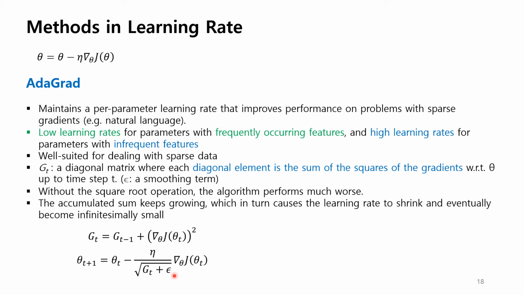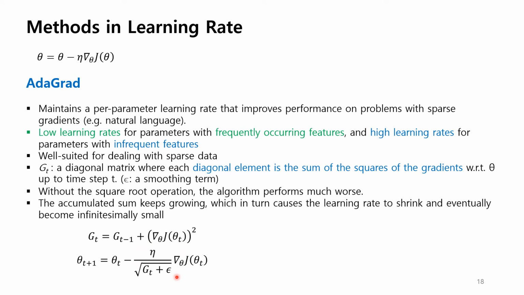So what happens is, if there are a lot of updates to a particular parameter, then this value is very high, so the G_t value goes up. This value is high means this learning rate becomes smaller. So the learning rate decreases.